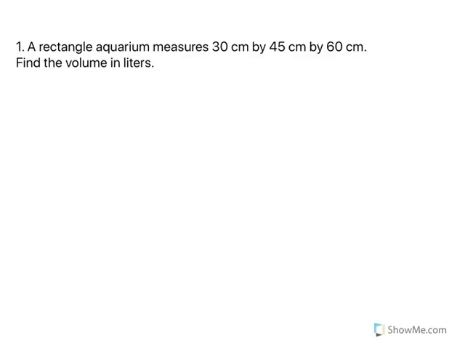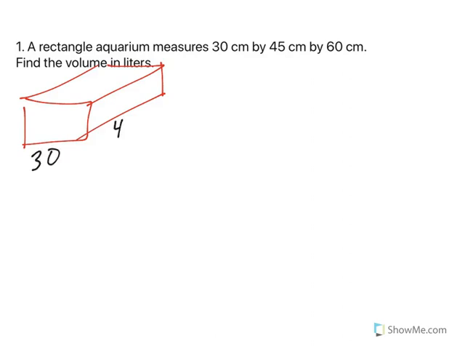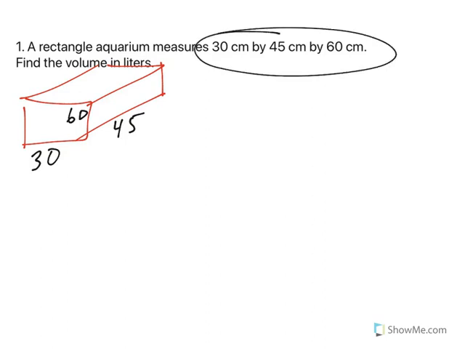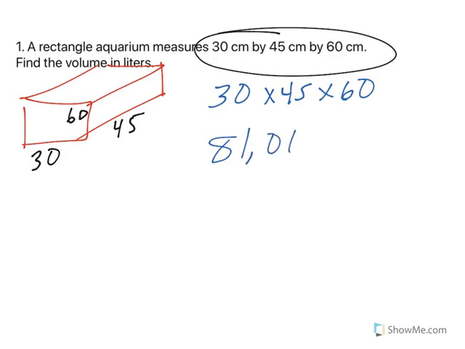A rectangular aquarium measures 30 by 45 by 60. Find the volume in liters. Well, they give those all in centimeters. So first things first, if I want to find the volume, I multiply all three together. I get 81,000 cubic centimeters.